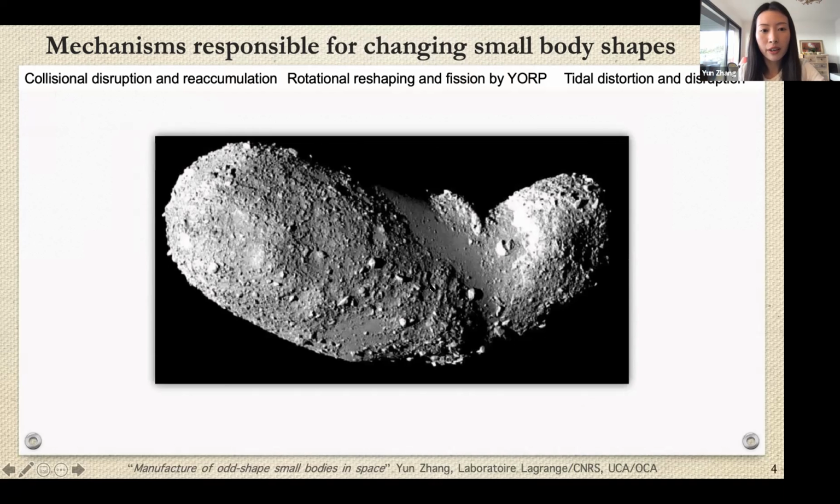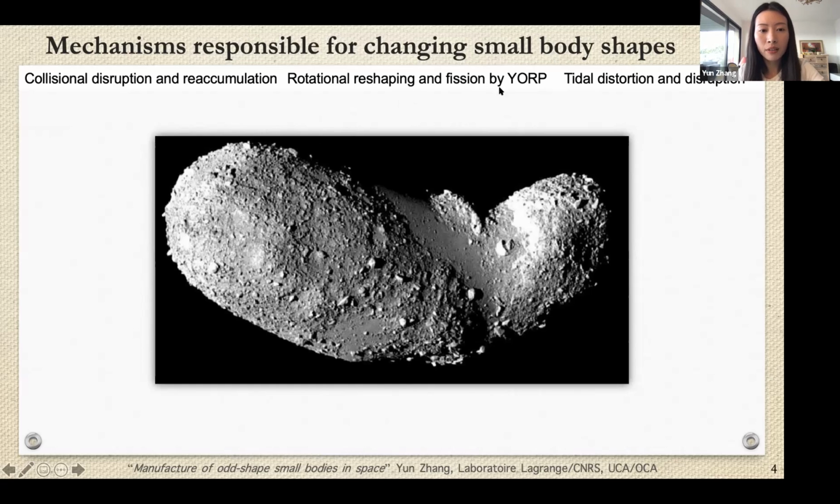As shown here, they have very low tensile strength. They're just like a rubble pile held together by their own mutual gravity. Because this structure is so weak, their shape could also be modified by other effects.